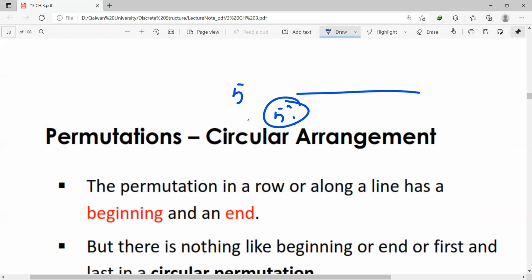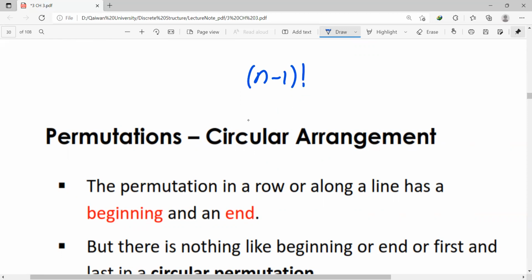But for circular arrangements, to arrange n people in a circular arrangement, we say it equals n minus 1 factorial. That means we subtract the total number by 1, then we find factorial.